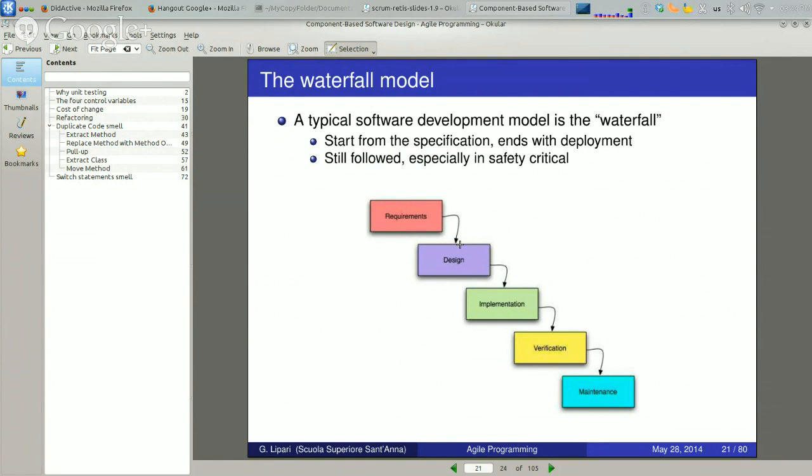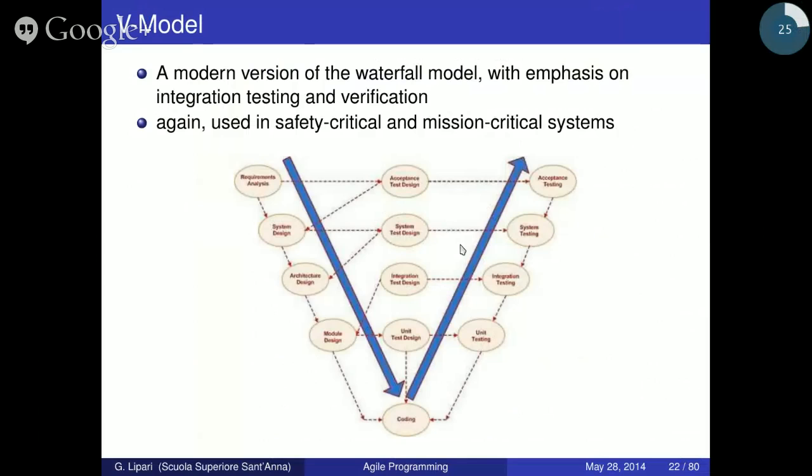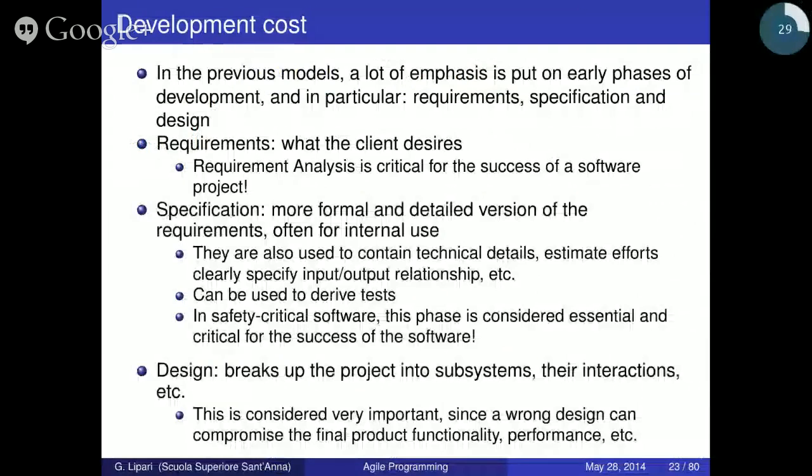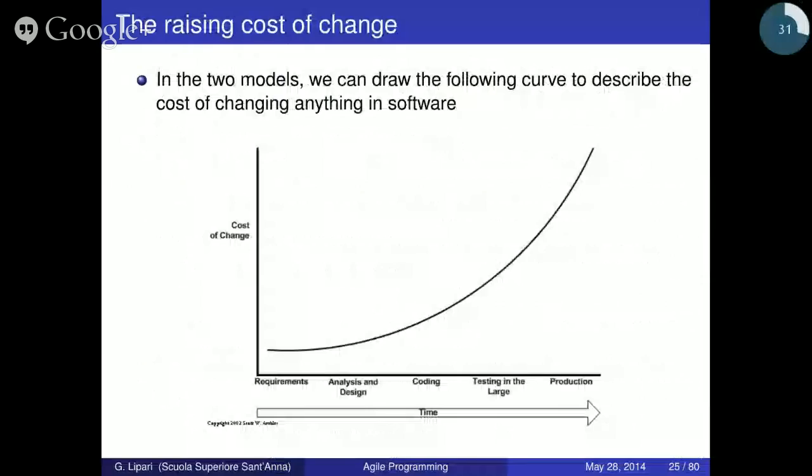And this is not very good because the basic assumption of this model is that you can know everything since the beginning and then proceed always ahead in a very structured way. Unfortunately, this is not the case because in most cases, software is subject to changes in all phases of development.